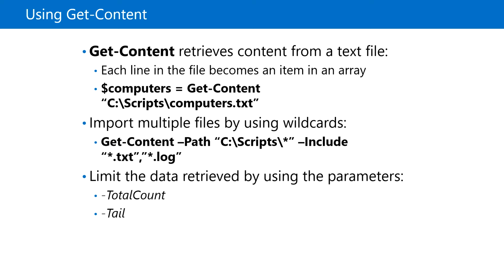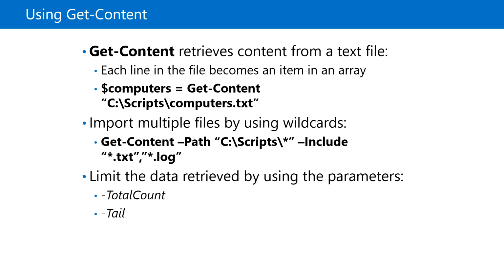We can also use the foreach construct if you want to do any processing for each of the computers in the list. In future, if you add more computers to the computers.txt file, using Get-Content will retrieve all the updated information from the text file.